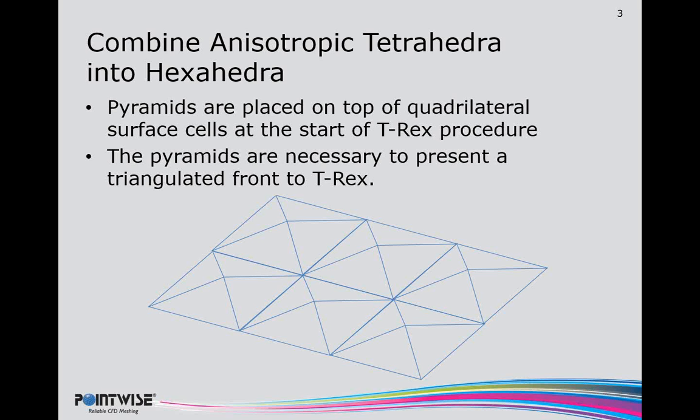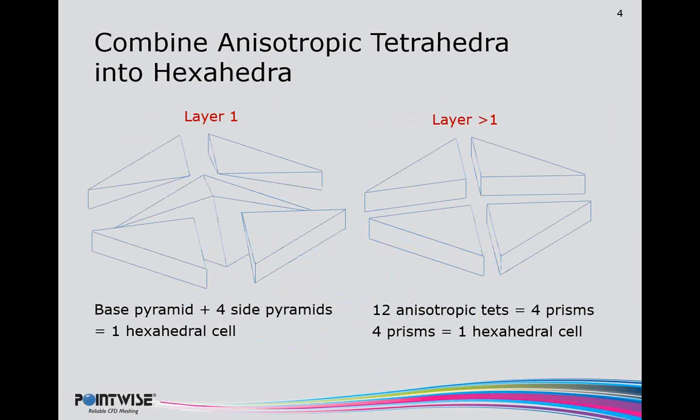So now with 17.2, we are still placing a base pyramid on that quadrilateral cell, but we're adding something a little bit else. So now we create a base pyramid on each quad, and we create that base pyramid at the height that you have specified for your wall spacing. Then we place 4 side pyramids on each base pyramid.